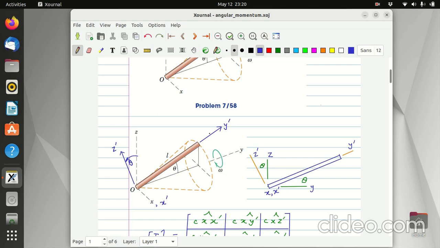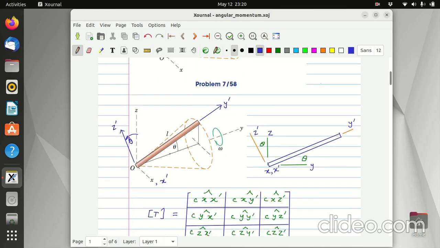So it is very easy to find the moment of inertia of this rod about x dashed, y dashed, z dashed, because since it is a thin rod, I y dashed will be 0, I x dashed will be 1/3 m l square, and I z dashed will also be 1/3 m l square, and the product of inertias would be zeros.